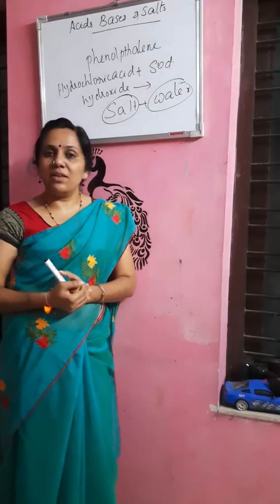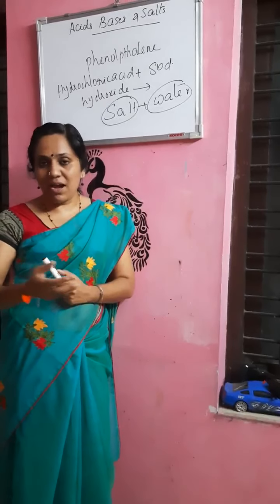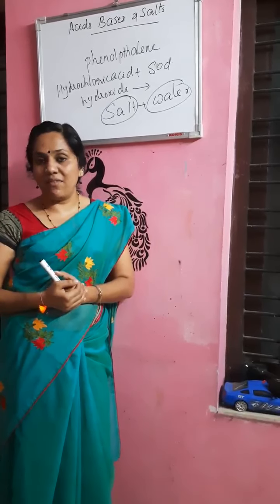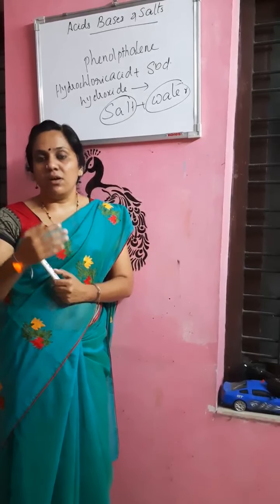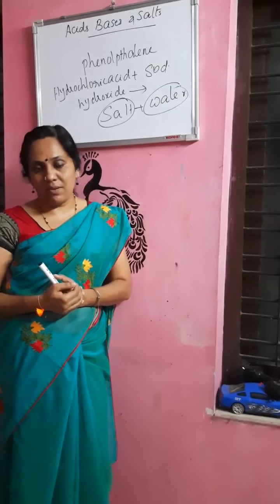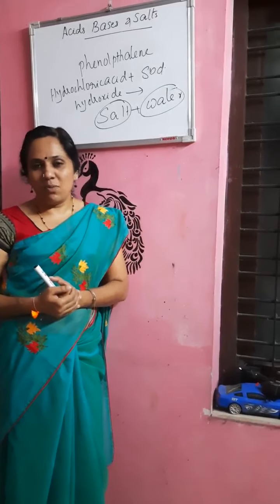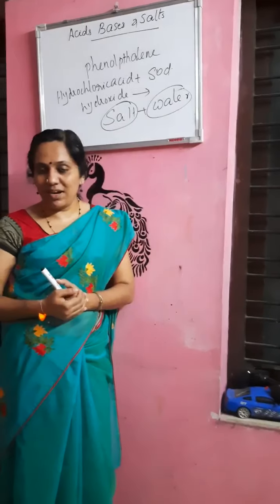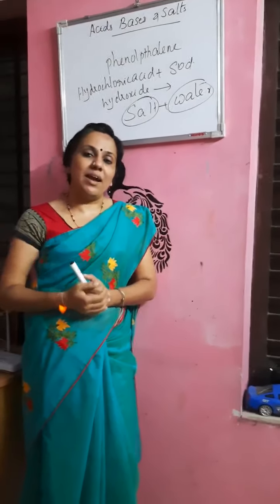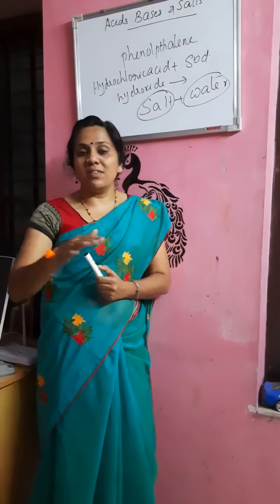So depending upon the soil and the plant we are planting, we will have different types of soil. Some soil will be acidic, some basic, some neutral. If the soil is too acidic, plants will not be able to grow in that condition. So at that time what will we do? We will add quicklime or calcium hydroxide or lime water. All these things are basic.